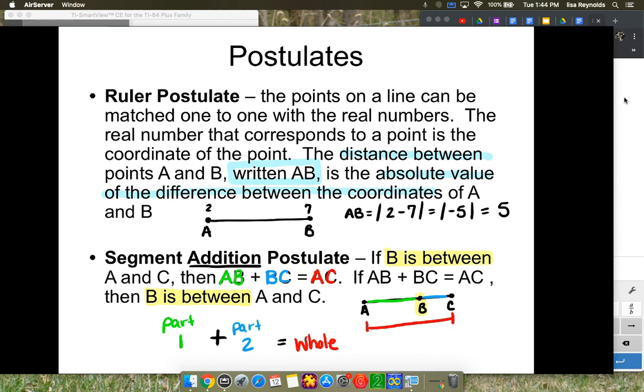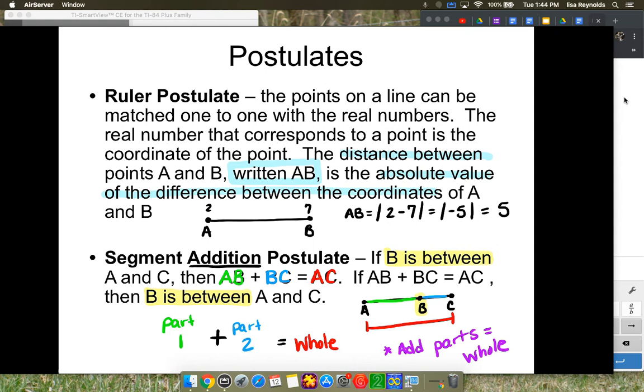This is the key to the segment addition postulate. This is actually the key to all of our addition postulates. So we add the parts in order to equal the whole thing. We add the length of each of the individual pieces to get the length of the whole thing. So if we know that we have some between information, we can add the parts to get the whole.